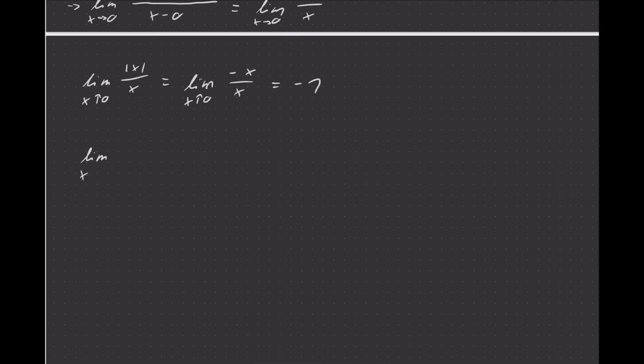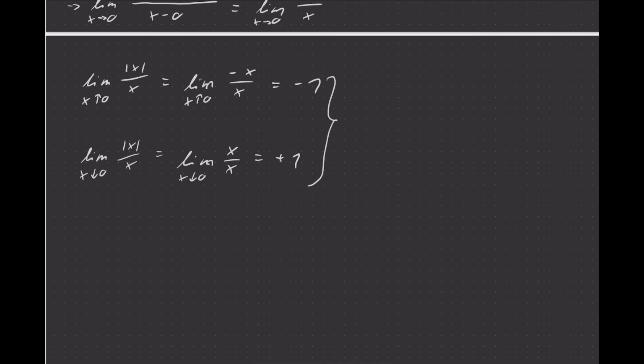Now, if we're approaching x to 0 from above, then with a similar argument, we can say that x is always positive, or at least non-negative. So that means the absolute value of x is just x itself. So what we get now is x divided by x. Again, x cancels out and we're left with plus 1 this time.